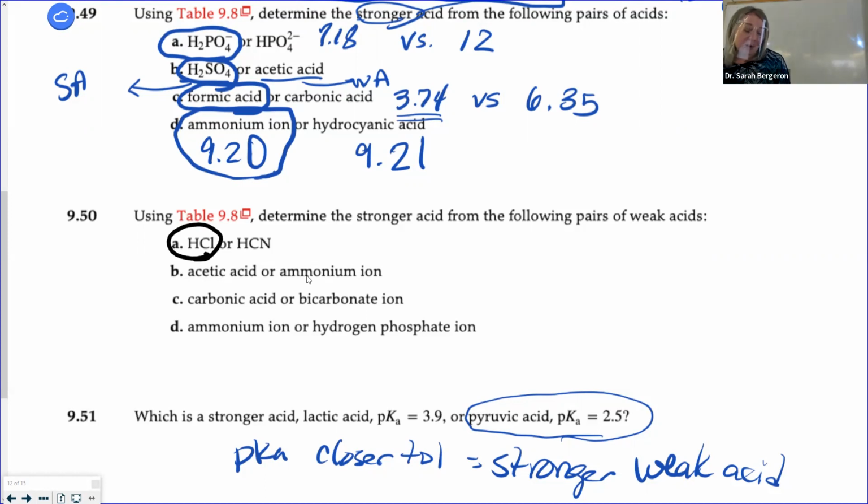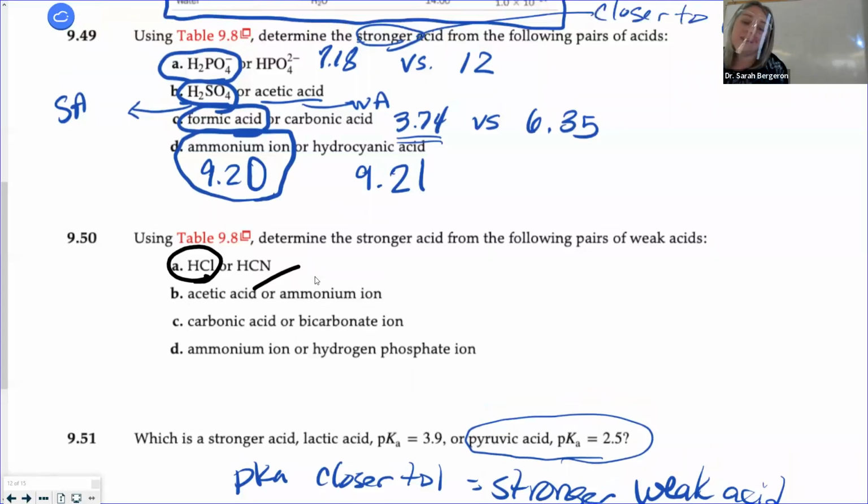Acetic acid and ammonium ion. What's the pKa value for acetic acid? Go up and find acetic acid, 4.76. What is it for the ammonium ion? So which one is the stronger?